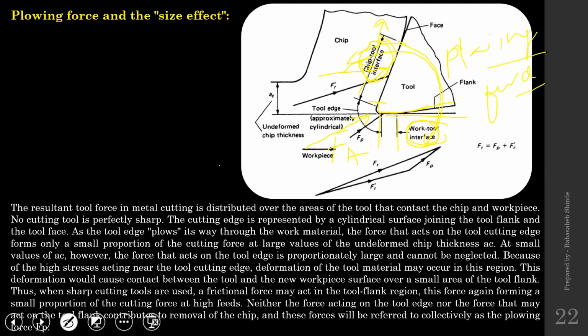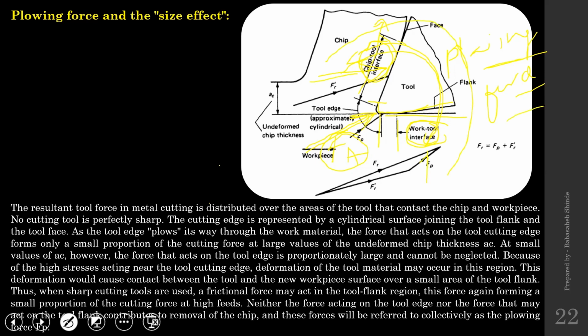So the first one that acts on the cutting edge, we considered as one component of the force, and additionally the force acting in the chip tool interface and work tool interface is combinedly called plowing force.